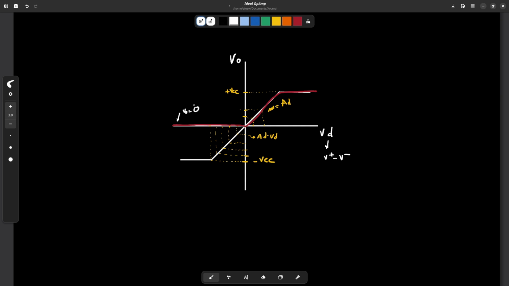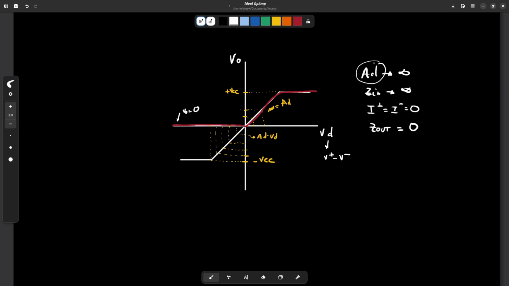Okay, so the characteristics of the ideal amplifier: a very high gain, tending to infinite; input impedance tending to infinite, which means that the currents of the input ports equal 0; the output impedance equals 0; and the gain AD doesn't depend on the frequency.